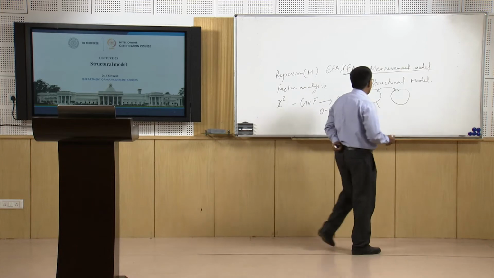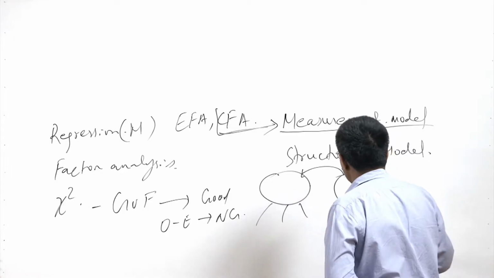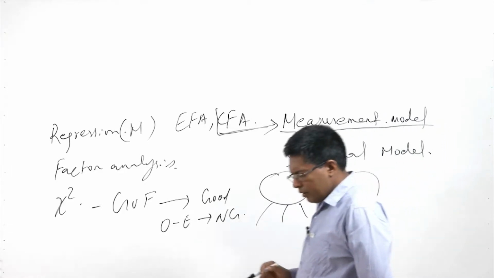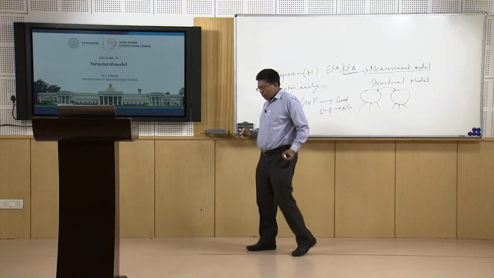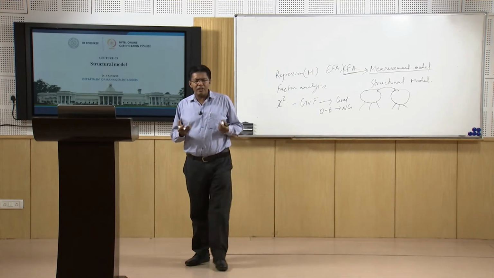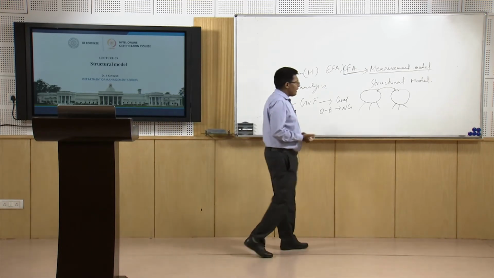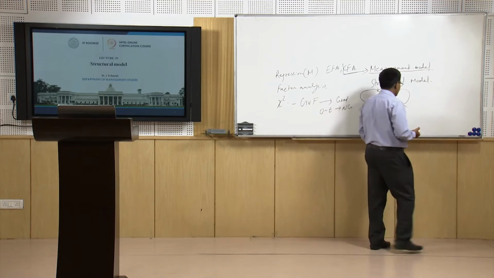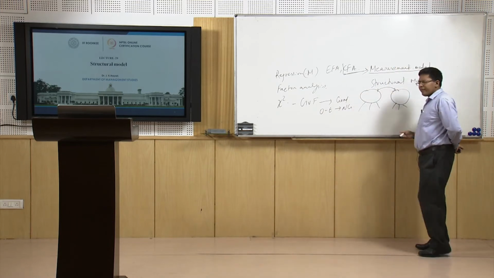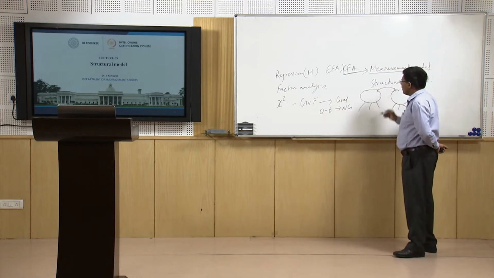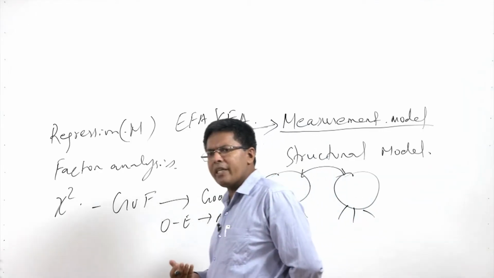Here we try to see whether there is a covariance relationship between the constructs. And finally, in the CFA case we first check the construct for its reliability and validity.